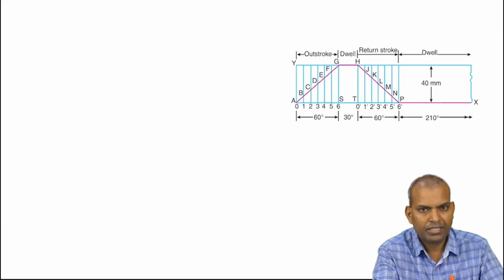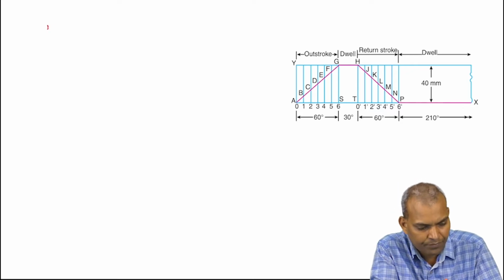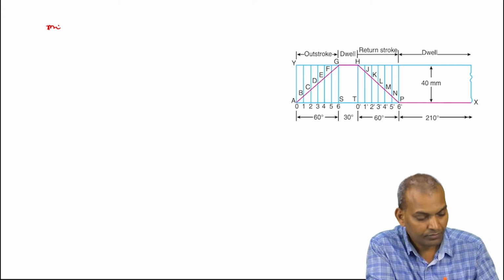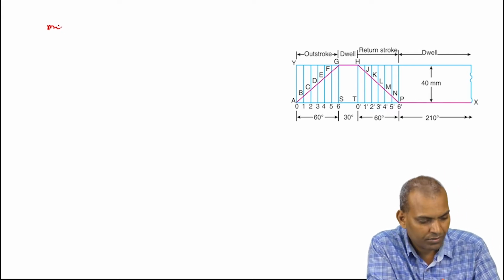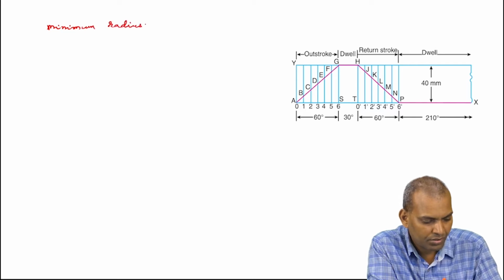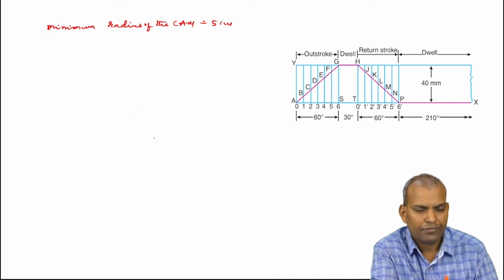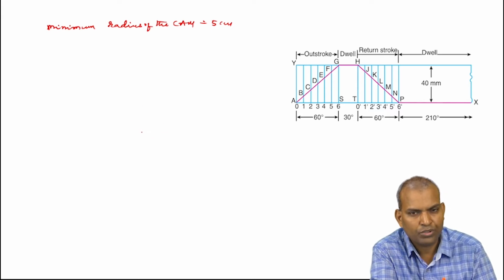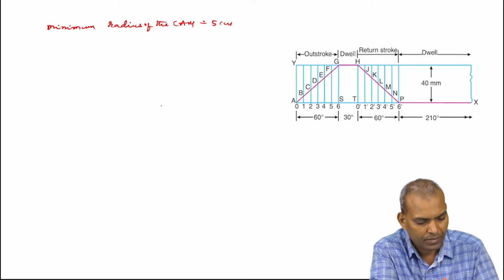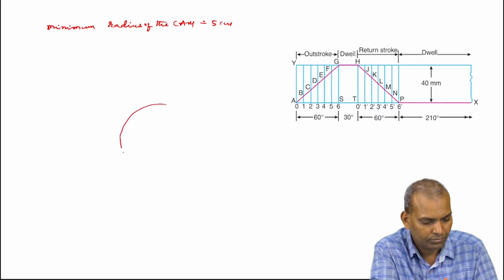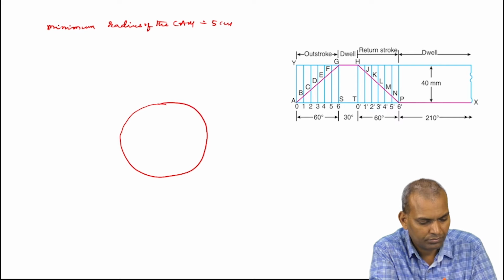Now for a given radius, the minimum radius of the cam is given as 5 centimeters. So draw a circle with 5 centimeters radius by using a compass.